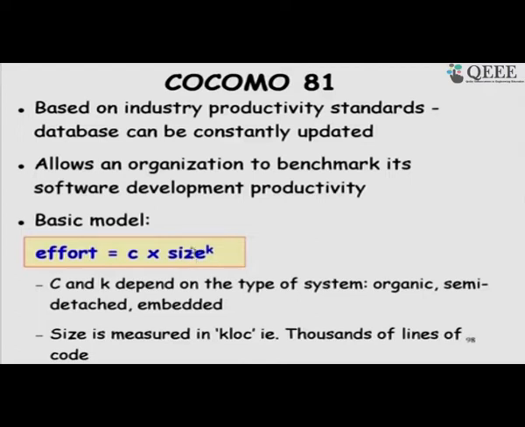Here the size we input is in kilo lines of code. For example, if we are developing software which is expected to be 100,000 lines long, we will write size as 100, and then the K and C values he has published, and calculators are also available online, which, depending on how you classify the software, will give the initial effort estimation.